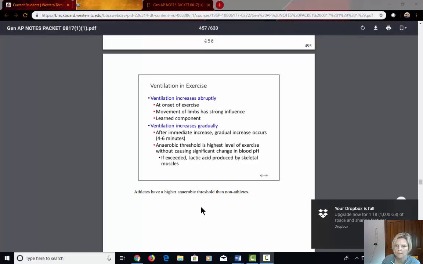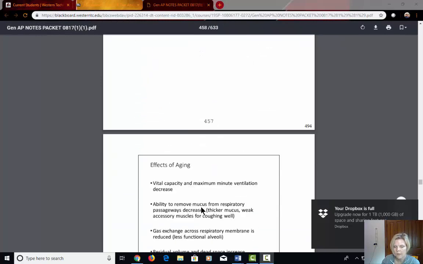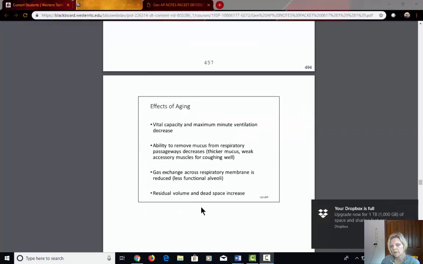So as we age, what do we get to look forward to? Well, we find that we can't exchange as much air with the outside as we used to when we were younger. So vital capacity is going to go down, and how fast we can exchange oxygen and carbon dioxide with the outside air, that's going to go down. Our mucus tends to get dry and sticky, so we're less able to clear our airways.